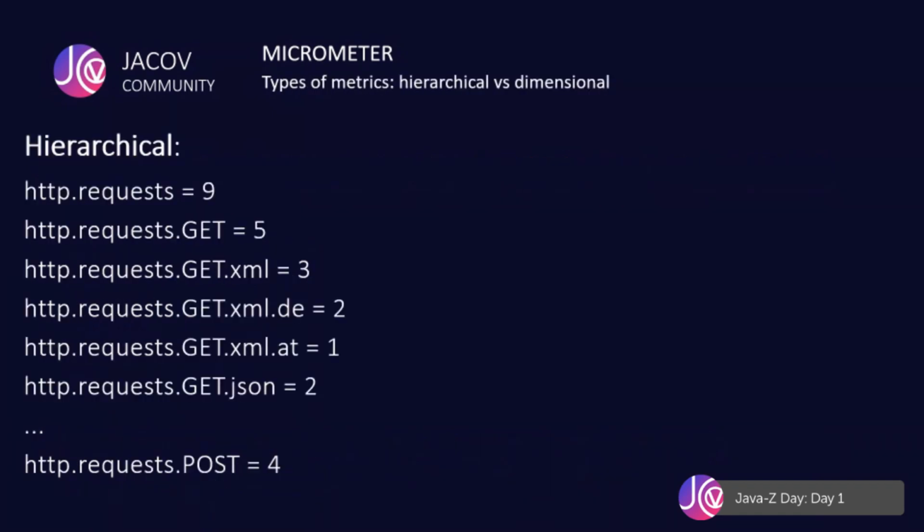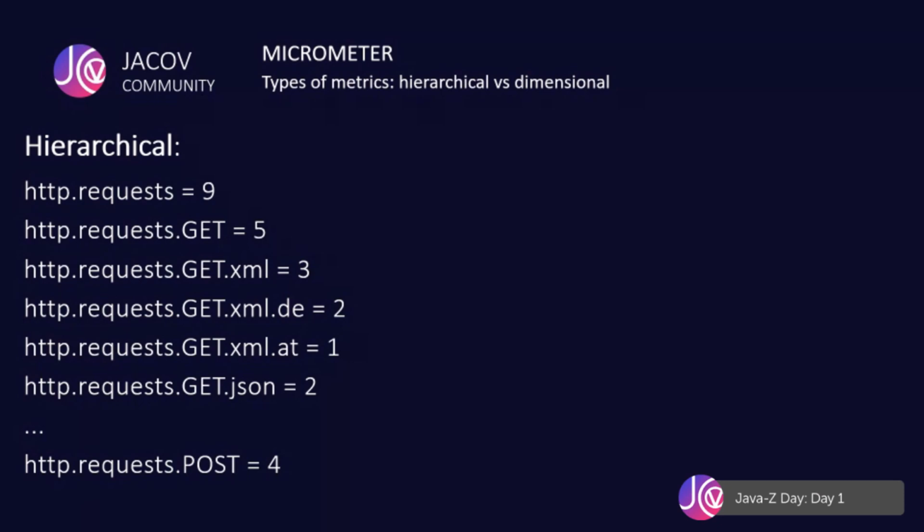Now I will explain the difference between hierarchical and dimensional metrics. Hierarchical metrics are identified only by their name, and consist of dot-separated dimensions. It means that multiple metrics need to be created to cover all combinations of dimensions.